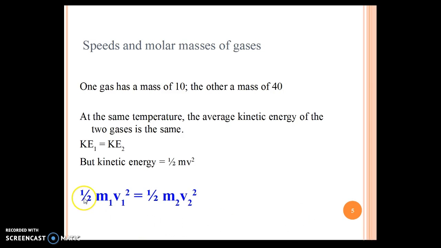Therefore, 1/2 times the mass of the first molecule times the square of the velocity of the first molecule is equal to 1/2 times the mass of the second molecule times the square of the velocity of the second molecule.